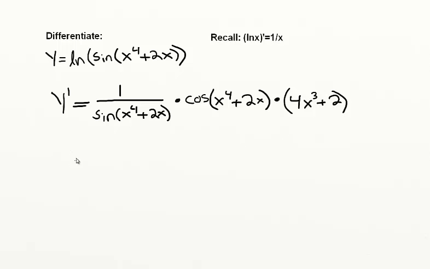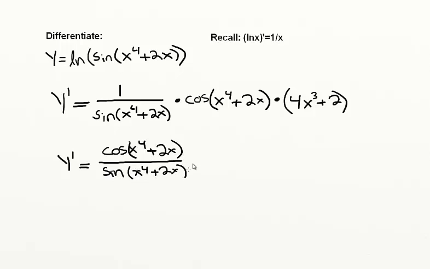And that's going to be it for our derivative, but it might look a little bit nicer if we write this as the cosine of x to the fourth plus 2x over sine of x to the fourth plus 2x, times 4x cubed plus 2. That whole thing's going to be in parentheses.